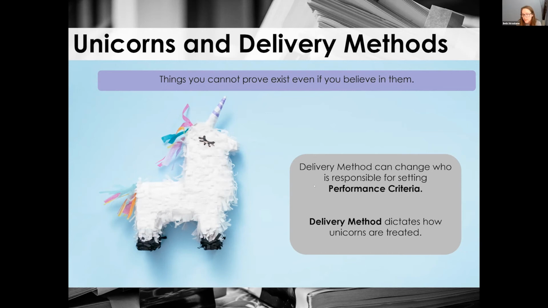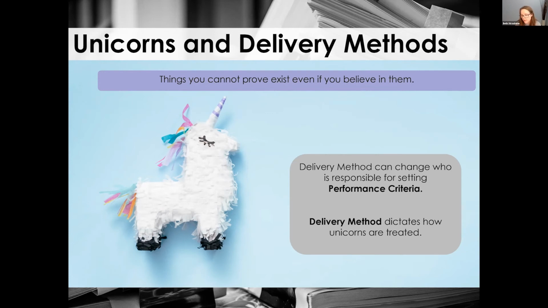As an example, if it's design, bid, build, and it's a school, and you specify a product and an embodied carbon level that you can't prove exists, the contractor can say this isn't available, and to provide something else that is available may cost the owner more money. So that's going to be in your most adversarial delivery method.